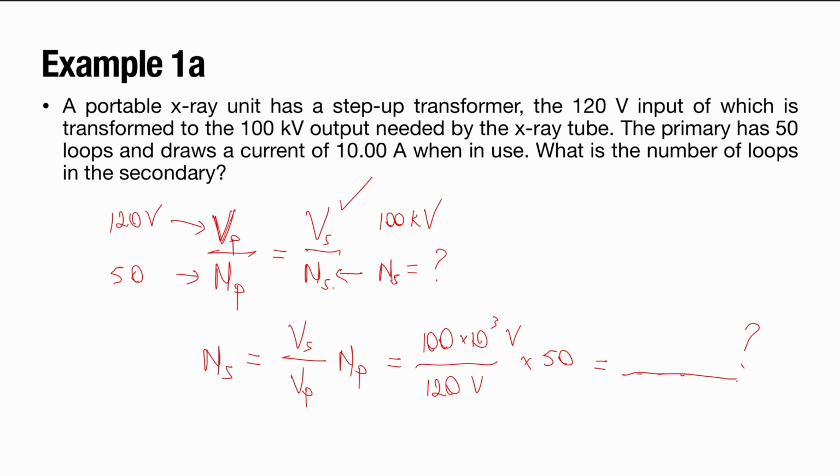Okay, now let's step back. This sounds like scientific magic, where you are able to somehow take a weak source, a battery or whatever source, or an AC signal of 120 volts, and somehow get it to 100 kilovolts. If we could do this, man, we won't have any energy problems.